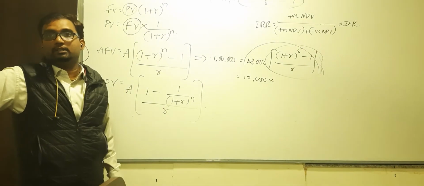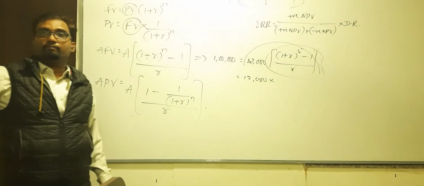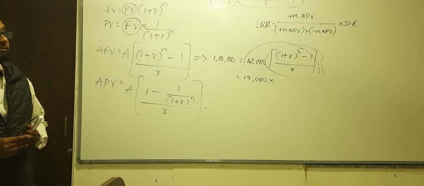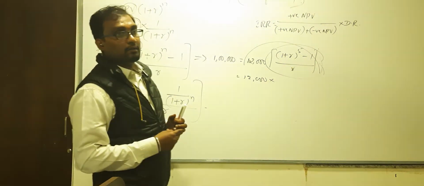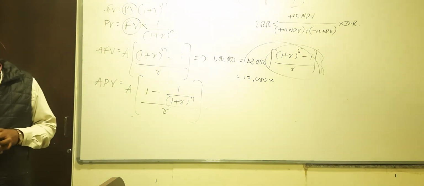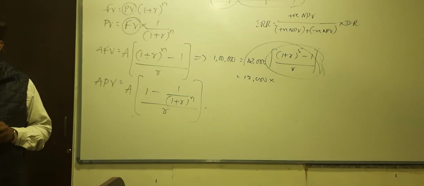Increase it to 20%, 5 years, 7.44 into 12, 89,000. Still it is less.